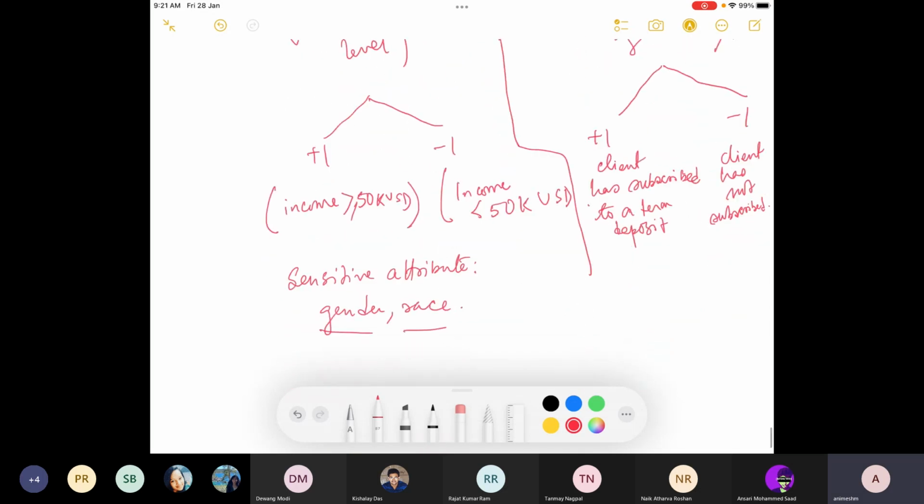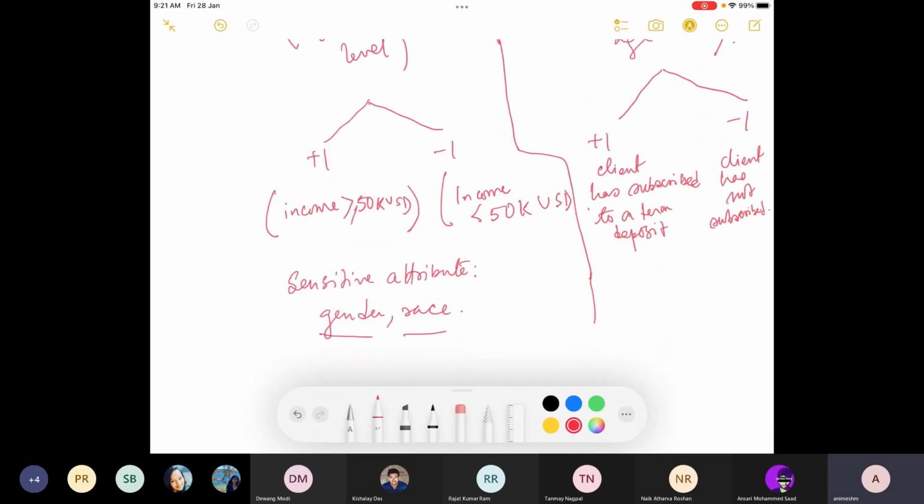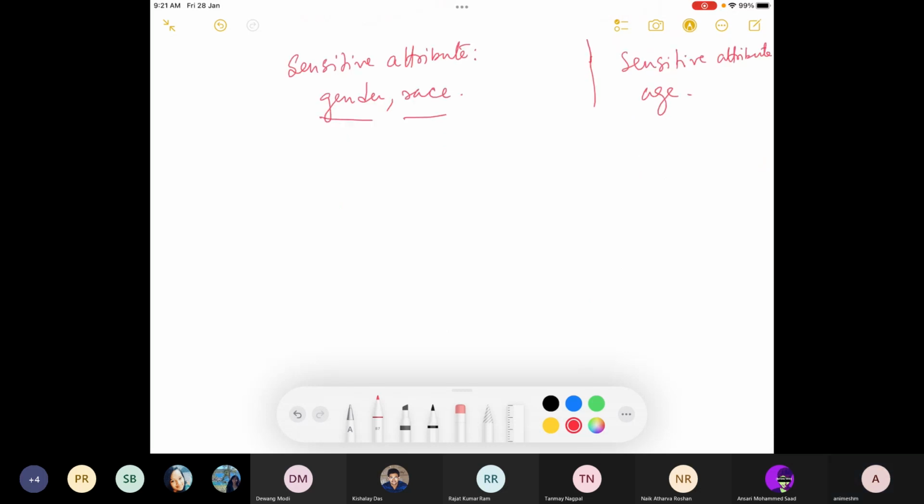Okay, so these are the two different classes, and here the sensitive attribute is age. Okay, so now with these few important characterizations of the data, we can proceed to look into the experiments that they did.